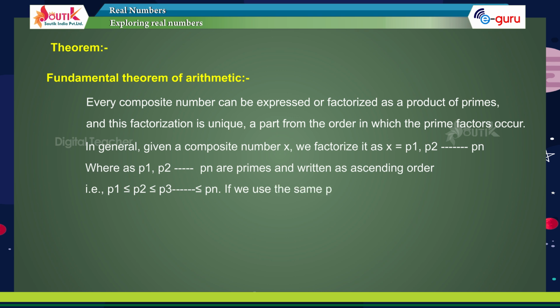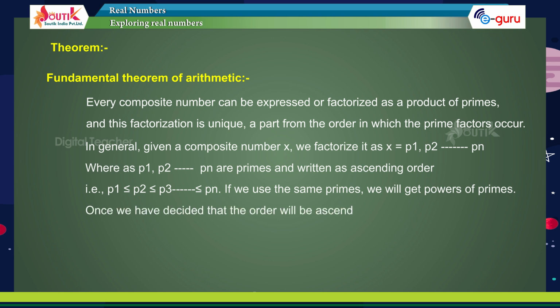If we use the same primes, we will get powers of primes. Once we have decided that the order will be ascending, then the way the number is factorized is unique.